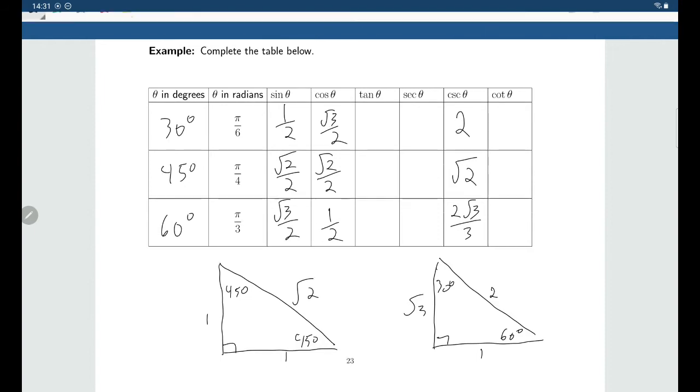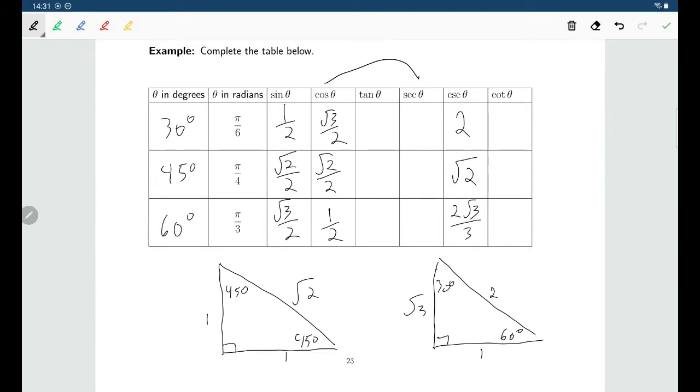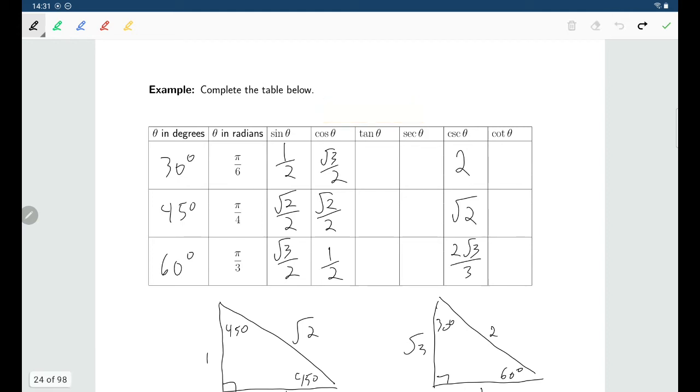And you could do the same thing for cosine and secant, that since they're reciprocals of each other, you could say that cosine of 30 degrees is root 3 over 2, so secant of 30 degrees should be 2 over root 3, which again, in simplest terms, is 2 root 3 over 3.